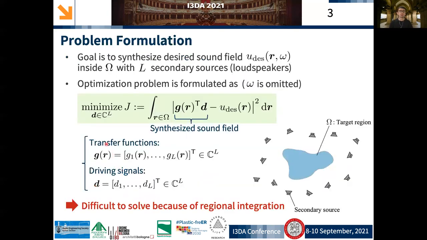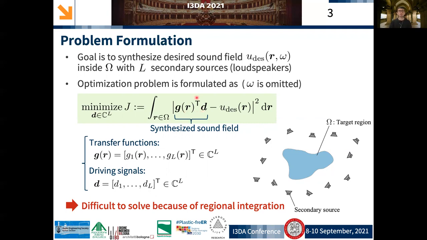We first formulate the sound field reproduction problem. The goal is to synthesize the desired sound field U-des inside the target region omega with L secondary sources, loudspeakers. The optimization problem is formulated as this equation. Here, G is the transfer function vector from the secondary sources to the position R, and D is the driving signal vector.